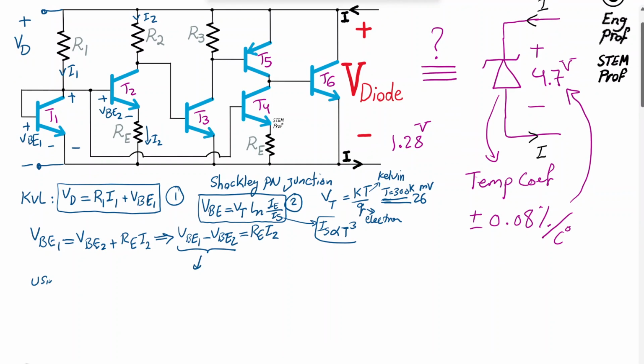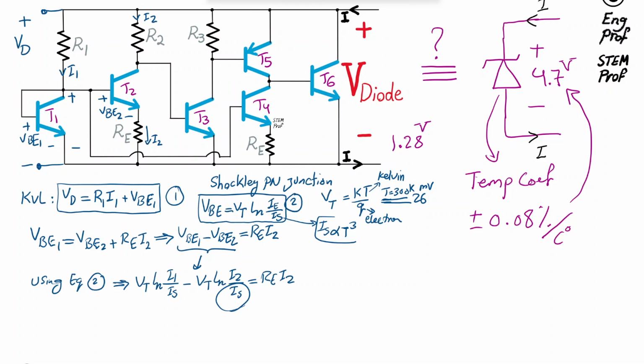Using equation 2, I am going to substitute, and I get, instead of VBE1, VT natural log I1 divided by I saturation, and VT natural log I2 for VBE2, and the current I2 is passing through the transistor, so it will be I2 over IS, equal to RE I2.